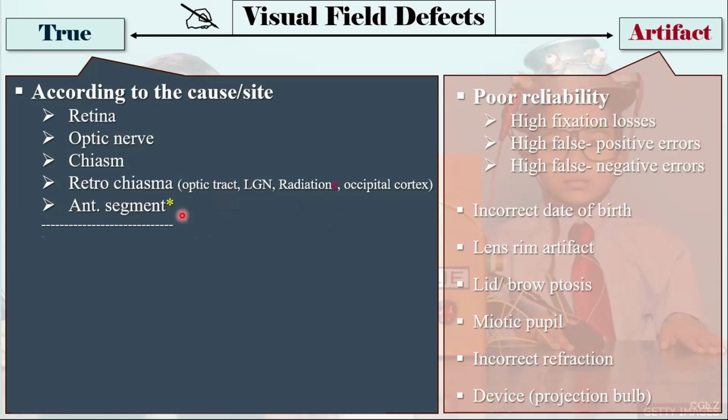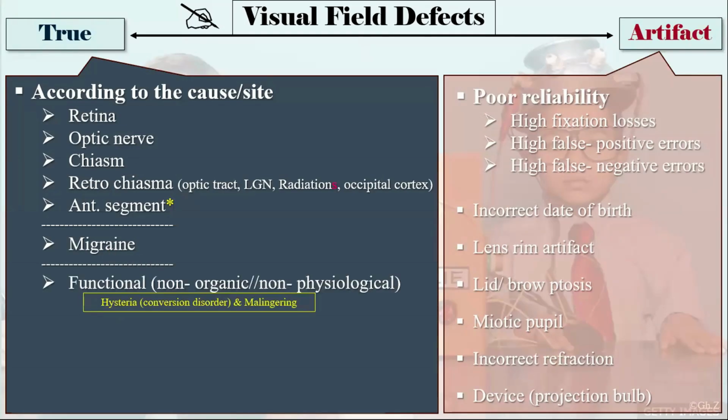Here, I'd like to remind you of an important concept: there is no inverse relationship in anterior segment causes. So an upper corneal opacity results in a superior visual field defect. The inverse relationship applies only posterior to the nodal point. So a lower retinal detachment, as I said earlier, will produce an upper visual field defect. In addition, migraine can also lead to visual field defects.